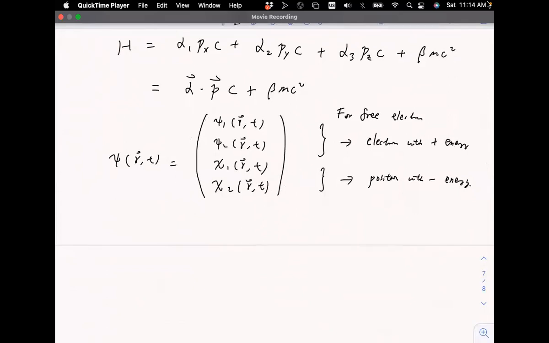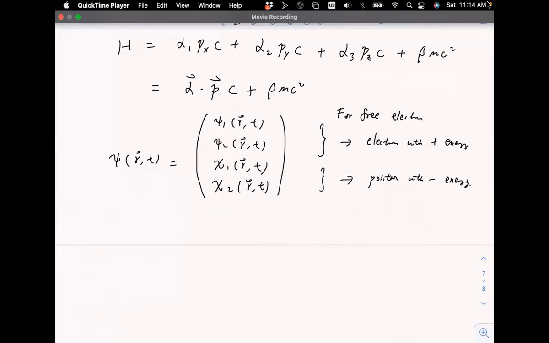So the existence of spin and antiparticle is due to the requirement of consistency with special relativity. In other words, you can say the spin and antiparticle are a kind of signature of relativity.